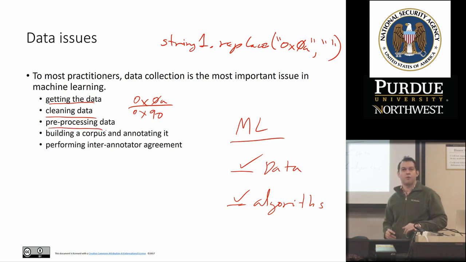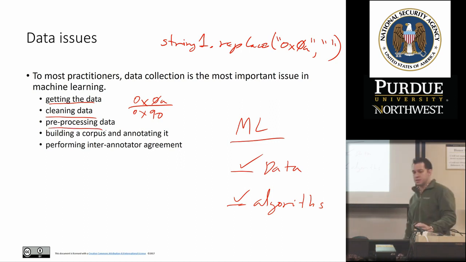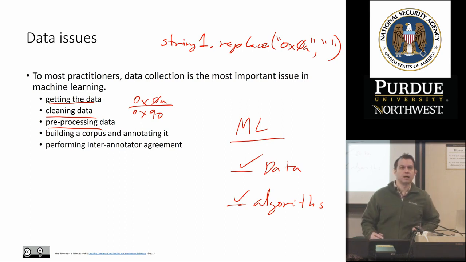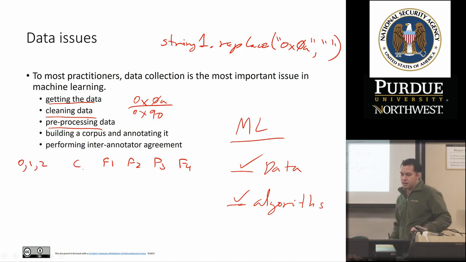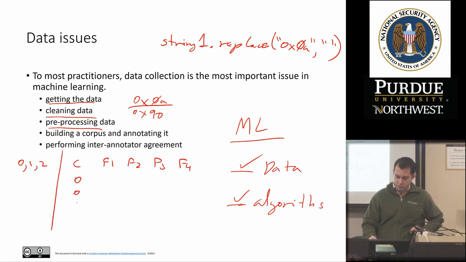This may have something to do with formatting the data. So files need to be in a specific format for machine learning. So we talked about the Iris data set, right? Iris consists of 3 classes, 0, 1, 2, and then we have 4 features, F1, F2, F3, F4. So that means if we have a class, the class is 0, 0, 1, 1, 2, and then these are the values, right? 3, 5, 7, 7, 4, 5, 2, 1, and so on.